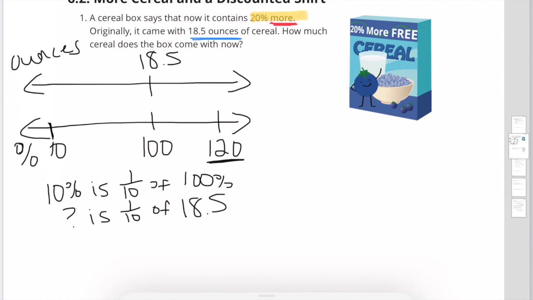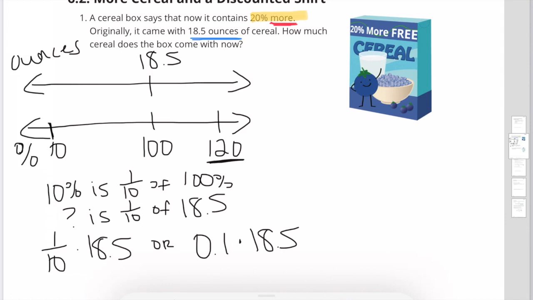Okay, so you can multiply 1/10 times 18.5. Or you can use decimal form. 1/10 we know is 0.1 times 18.5. Or you also can use a shortcut.